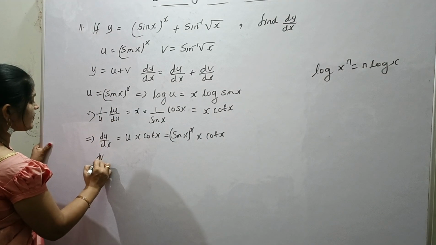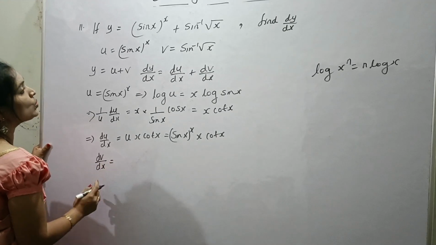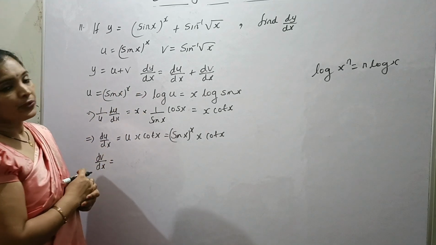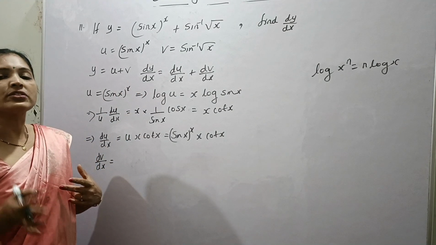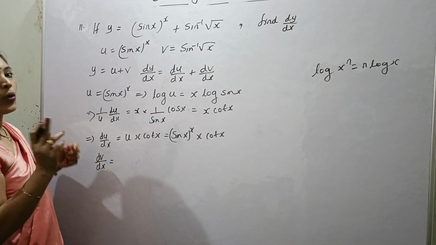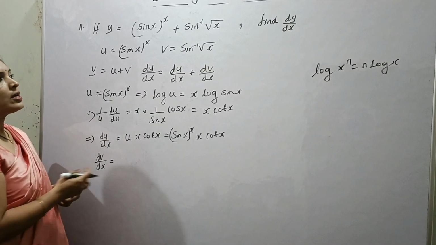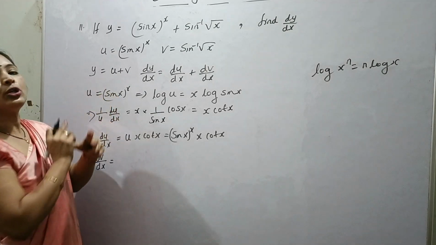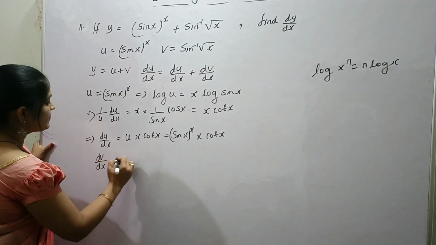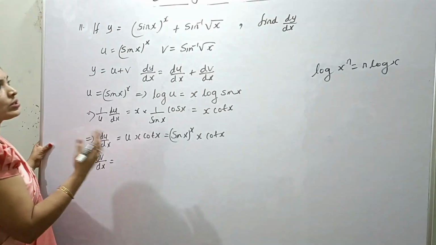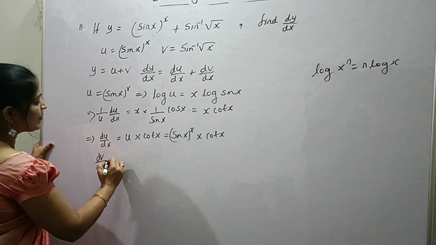What is dv/dx? dv/dx is the derivative of sin⁻¹√x. We know the derivative of sin⁻¹x is 1/√(1 − x²). So in place of x we just put √x, okay? And find the derivative of √x.